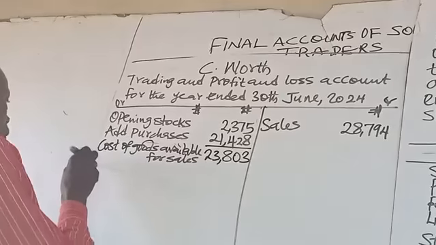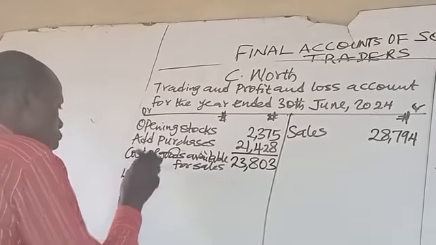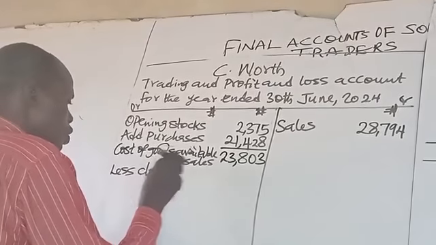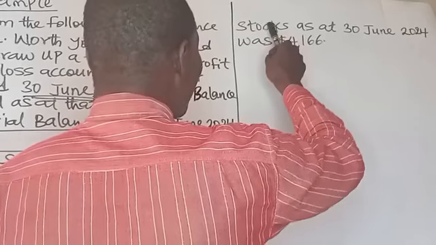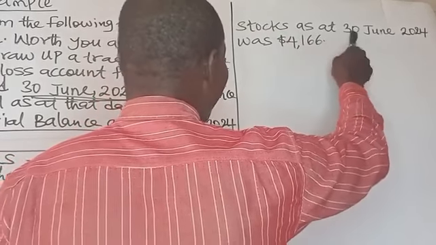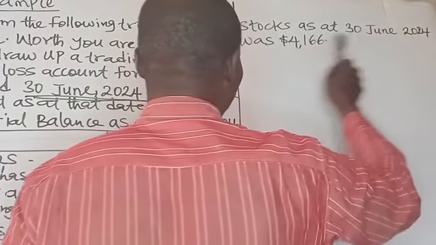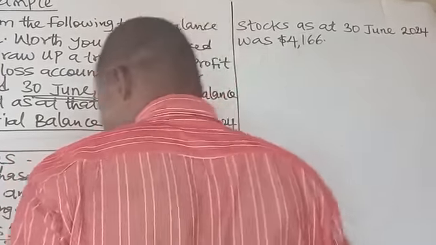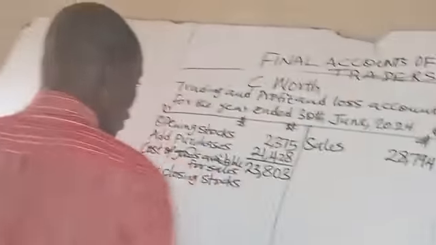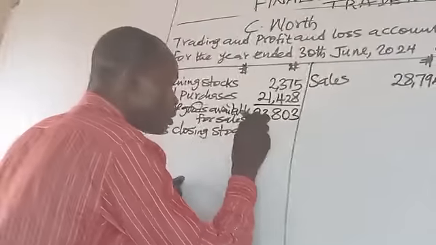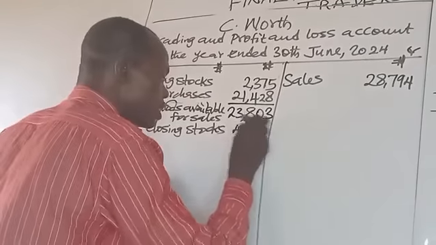From this we less closing stocks. The closing stocks, stocks as at 30th of June 2024, was 4,166.